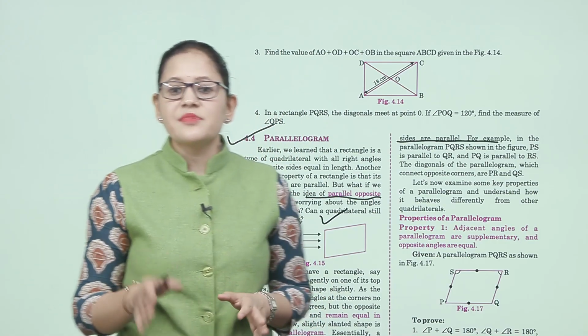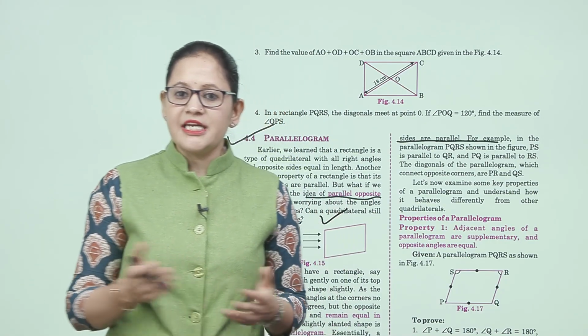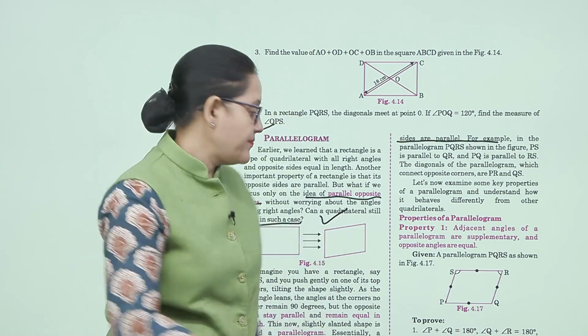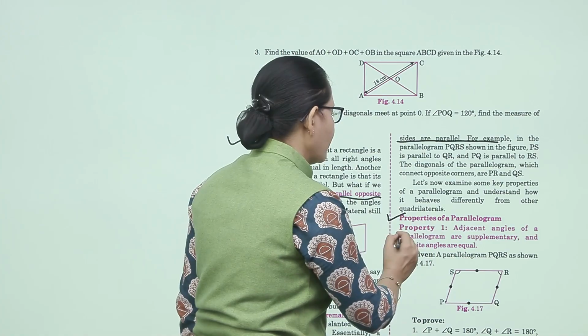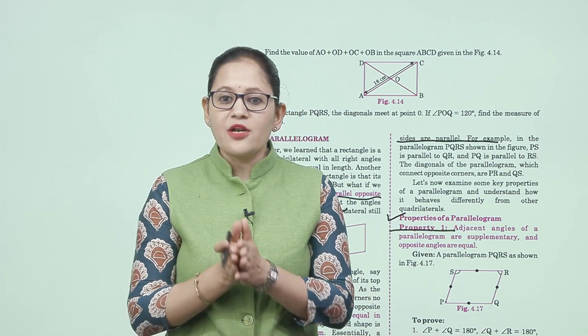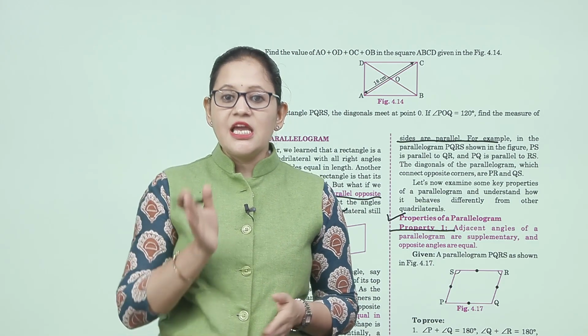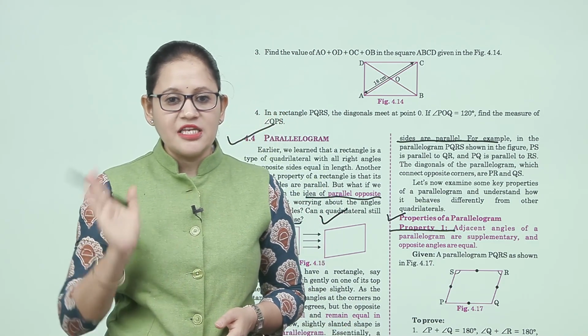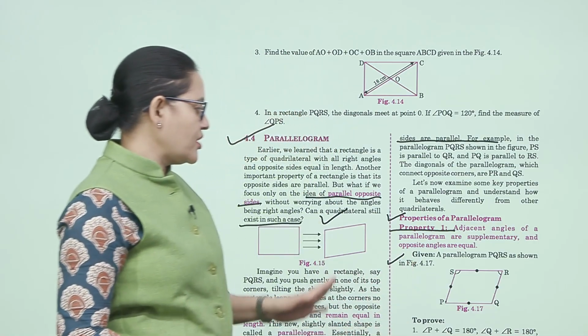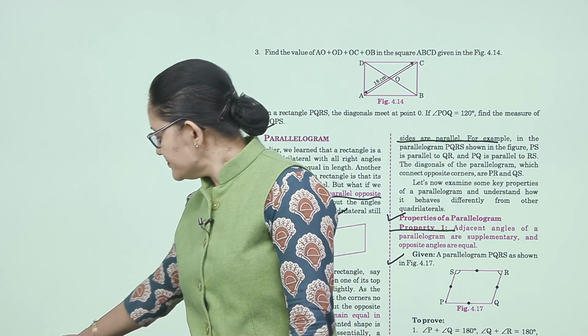Let's now examine some key properties of the parallelogram and understand how it behaves differently from other quadrilaterals. Property 1: adjacent angles of a parallelogram are supplementary and opposite angles are equal. What is given to us? A parallelogram PQRS shown in figure 4.17.